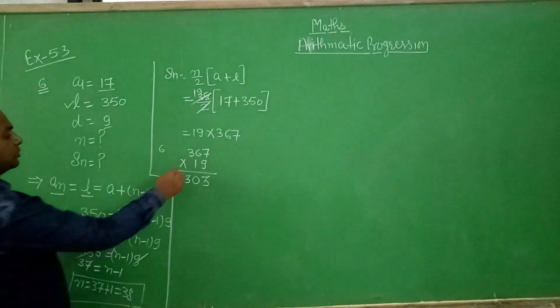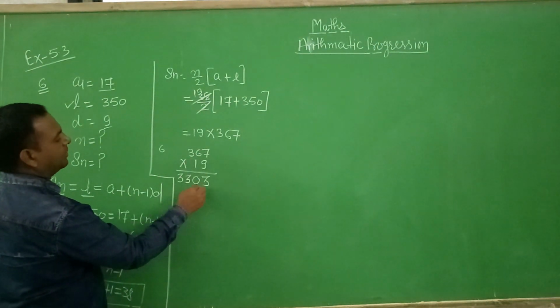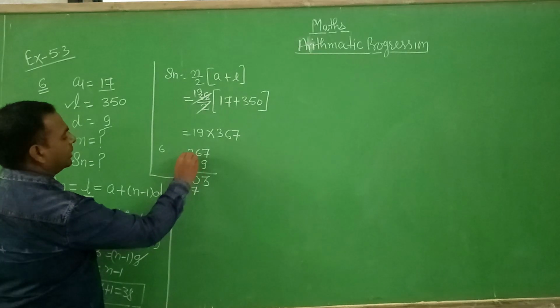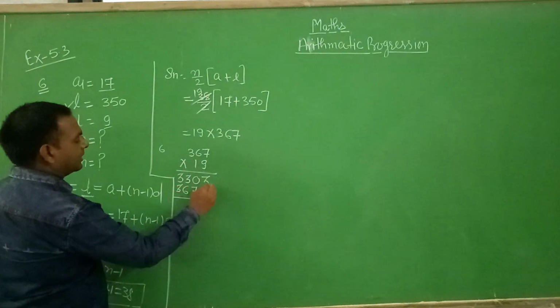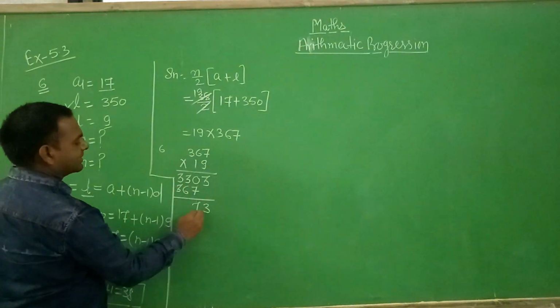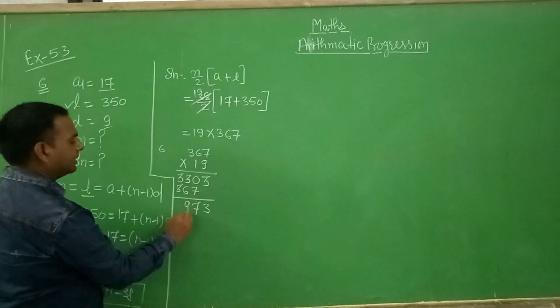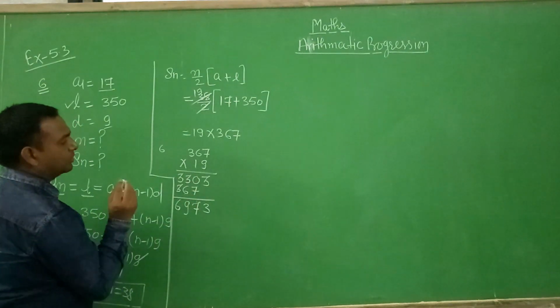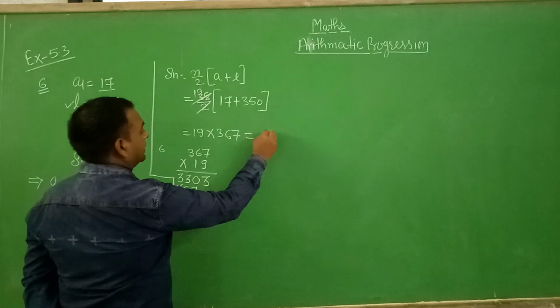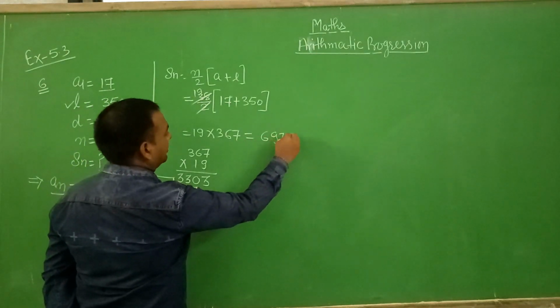Next, you multiply with 1: 1 7 is 7, 1 6 is 6, 1 3 is 3. So the sum is 6973.